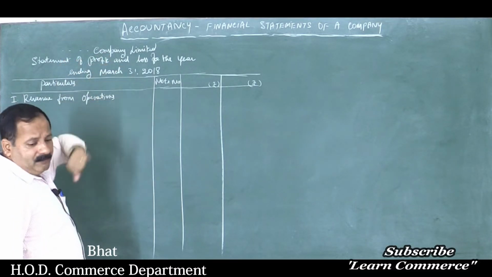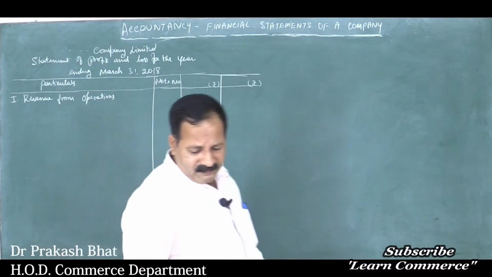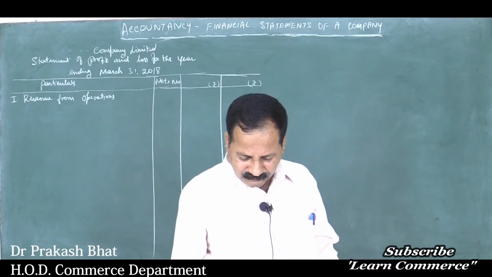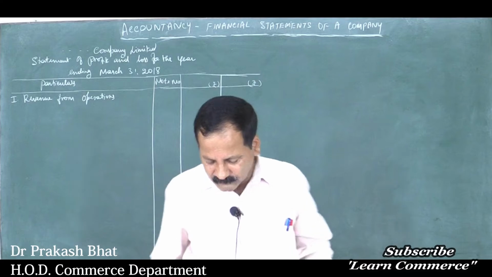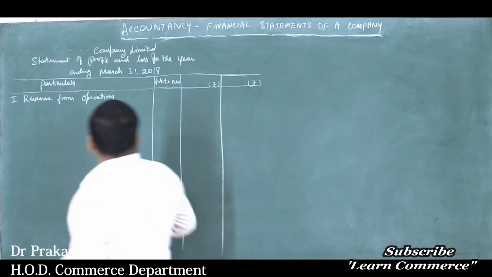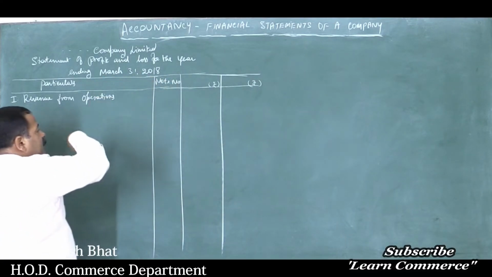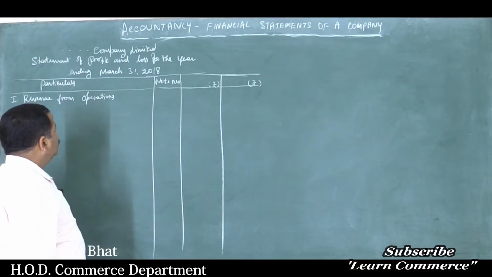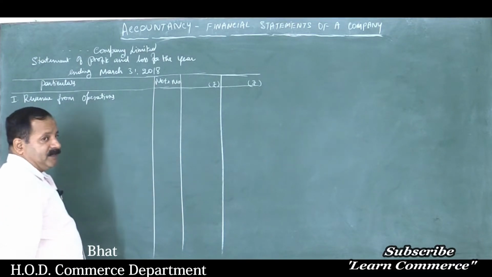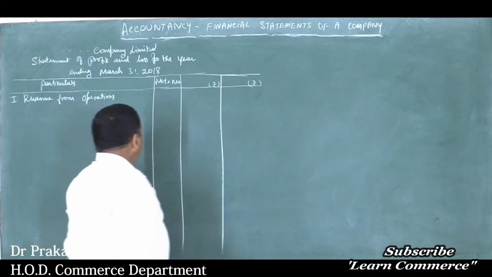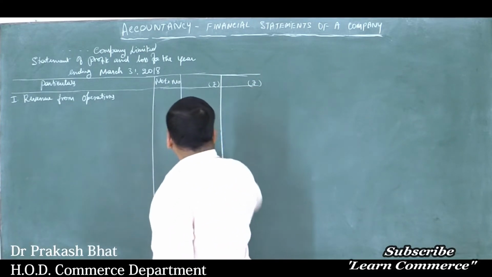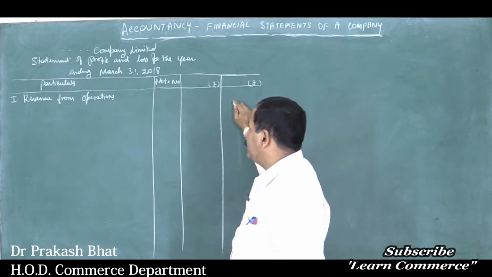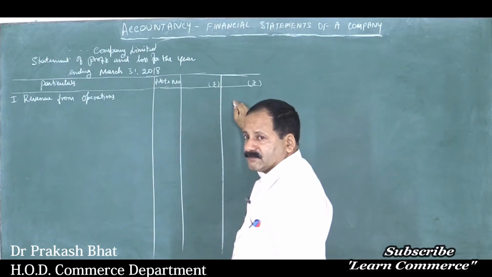Dash company limited, whether the name is given, I think the name is not given. Yes, name is not given. Statement of profit and loss for the year ending March 31st 2018. Draw the columns: particulars, note number, amount in rupees.